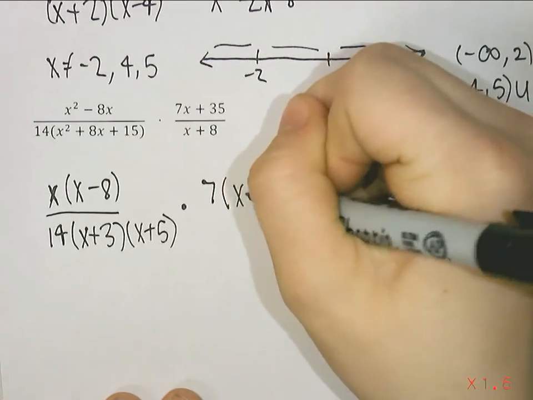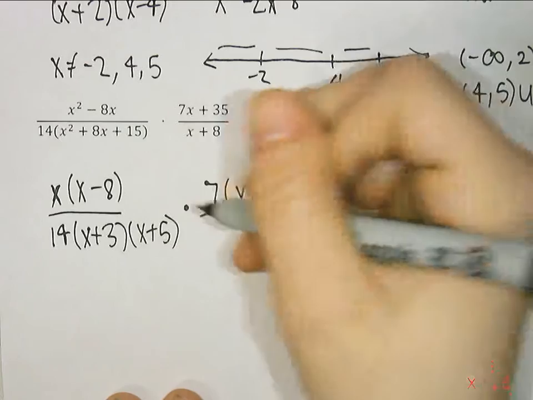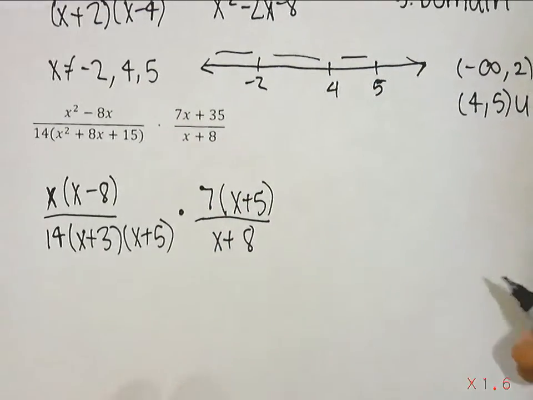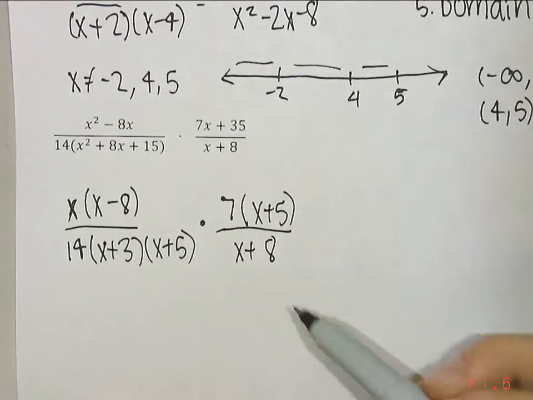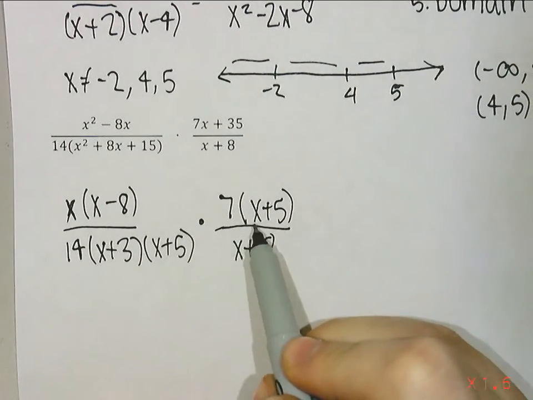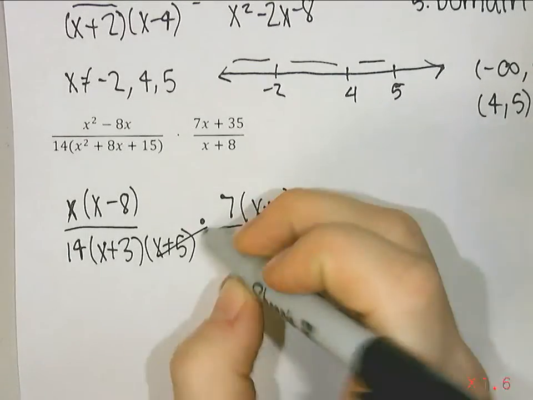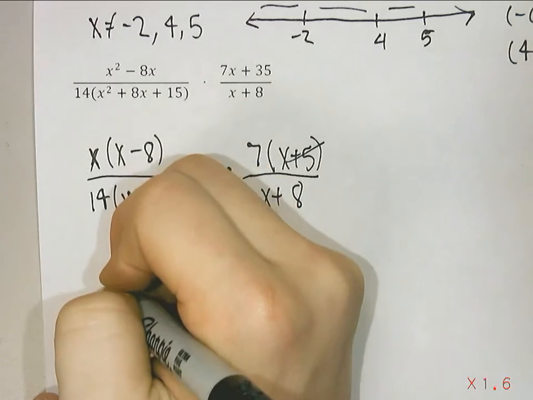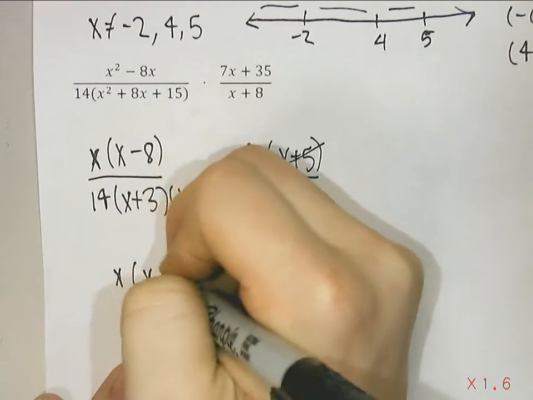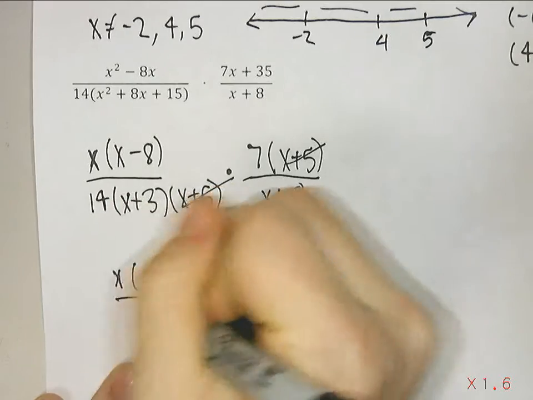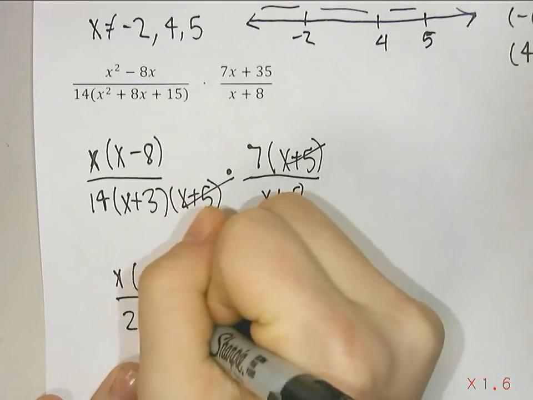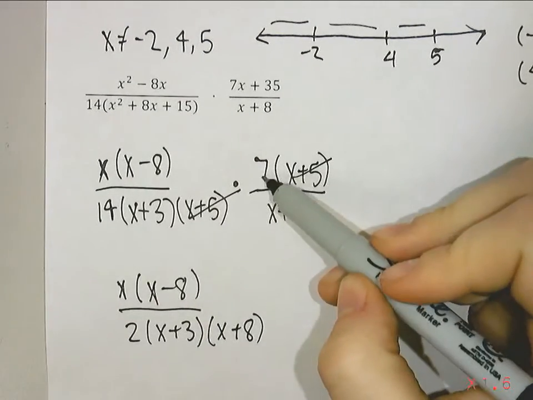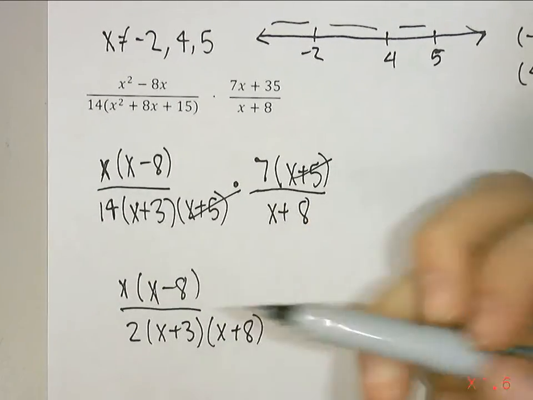So 7, x plus 5 over x plus 8. So that's step one. For step two, you just cancel. Even though they're not on the same one, you can still cancel them out. So that's the only thing you can cancel off for this one. So then that gives you x minus 8 over 2, x plus 3, x plus 8, because you can just reduce this to 1/2, but you don't have to put the 1 up there.